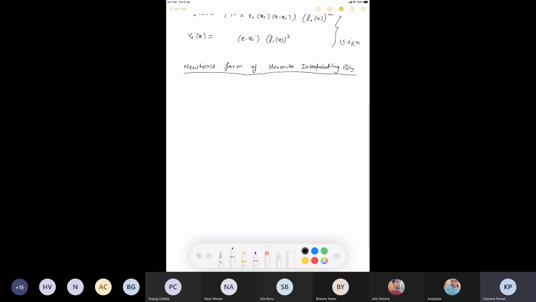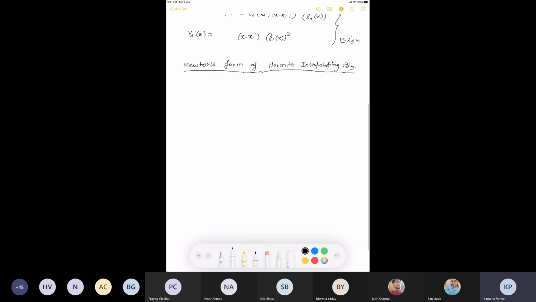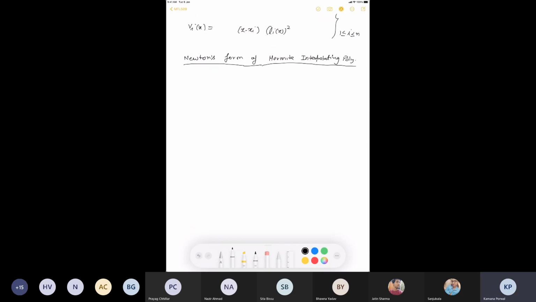So let's write down what we have as a Newton's divided difference interpolating polynomial. So let's take the set of data as Z1, Z2, Z3 up to Z2n.